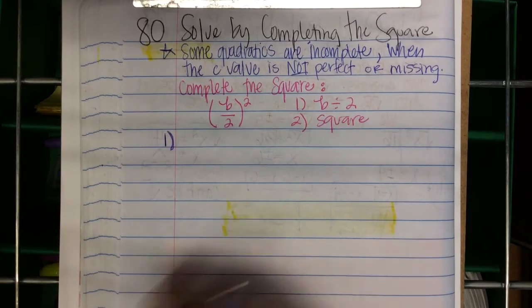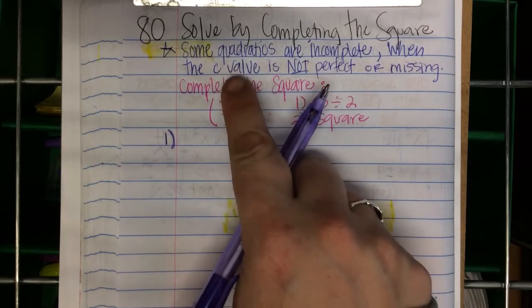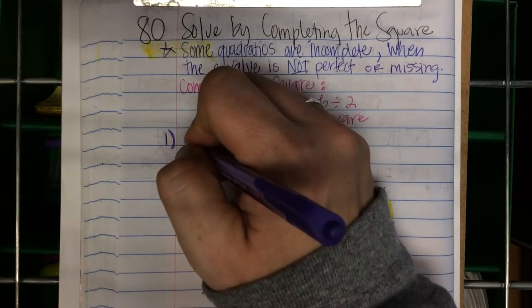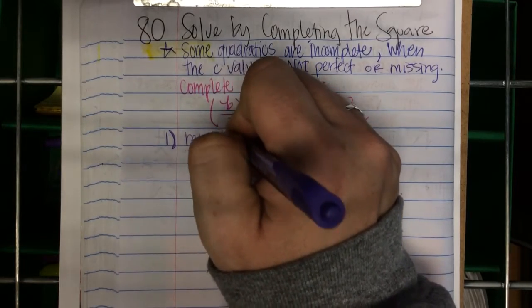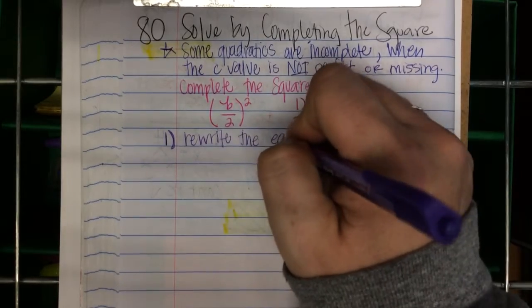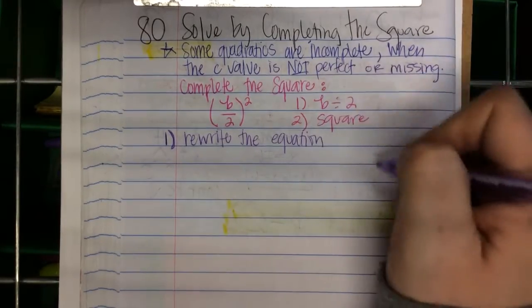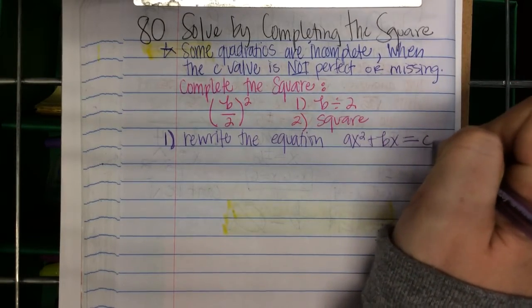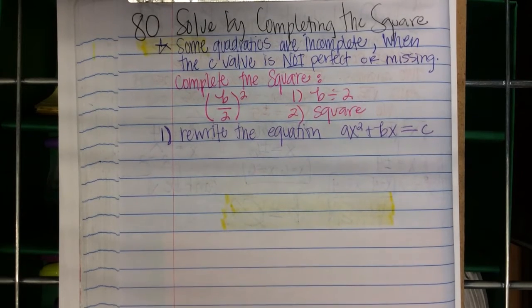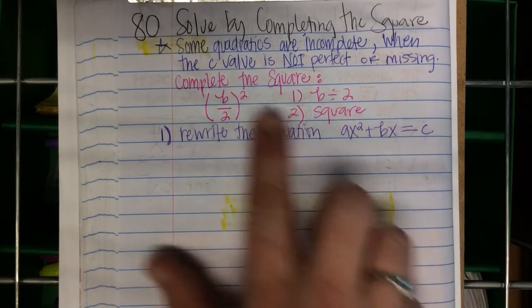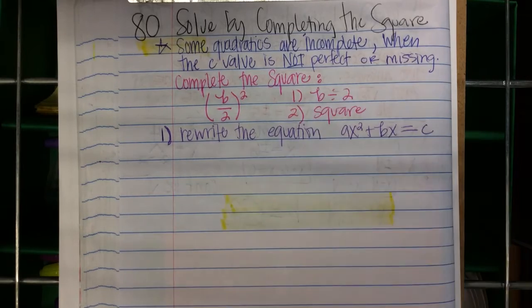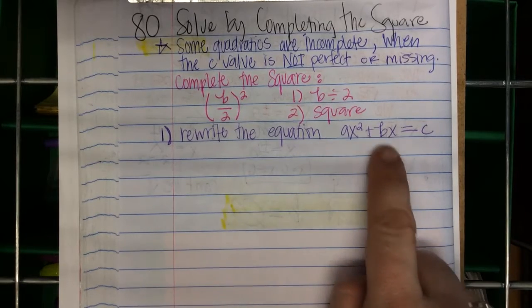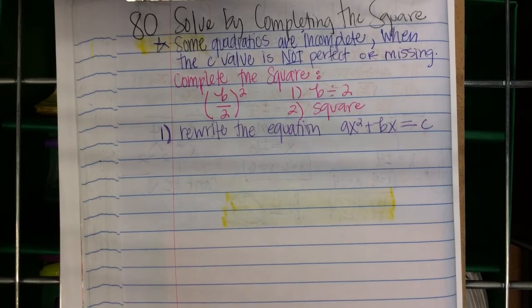So step number 1. If there is a C value, we want to rewrite the equation as ax squared plus bx equals c. So if the C value they give you is not perfect, so they give you plus 10, you need to rewrite the problem and move that C value across the equal sign.